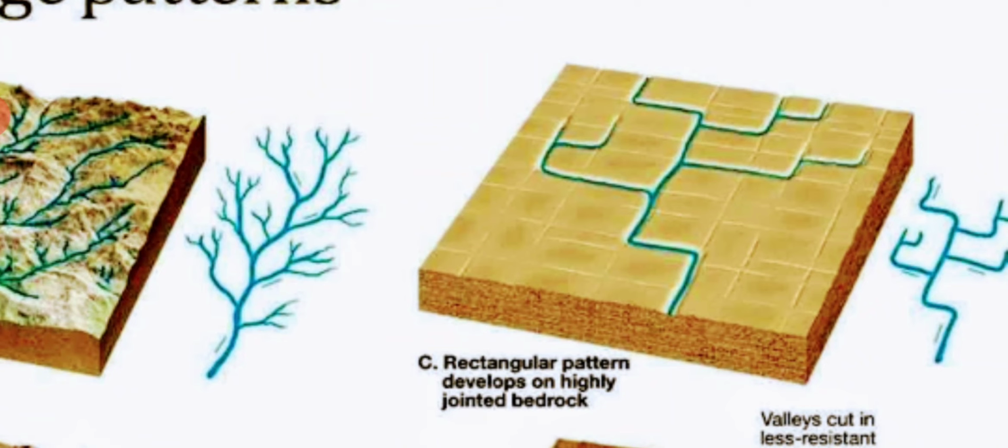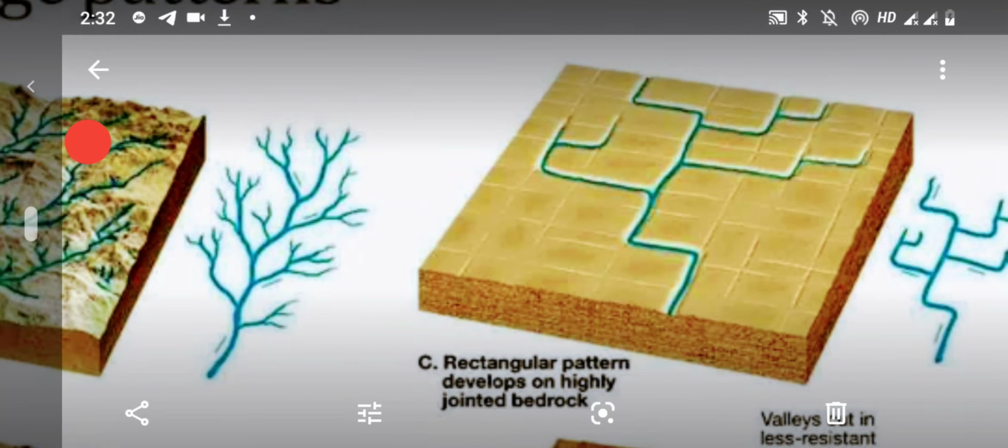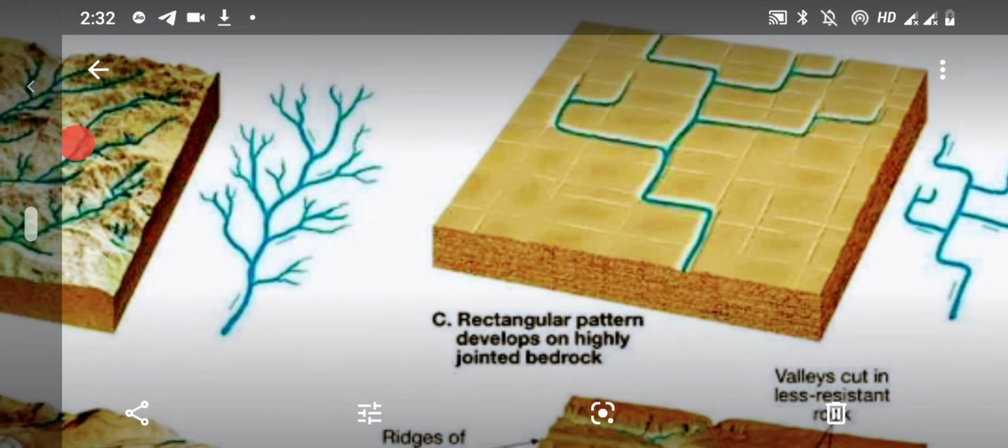If you see, the tributaries of the rivers are meeting the main river at exactly 90-degree angles, and because they are meeting at a 90-degree angle, a very different kind of geometric pattern is formed. So see the pattern given on the side of the image, or the 3D image. The river tributaries are meeting at a 90-degree angle. So whenever you find this kind of pattern, this is your rectangular pattern. Okay.